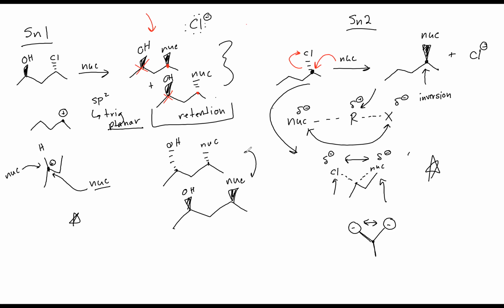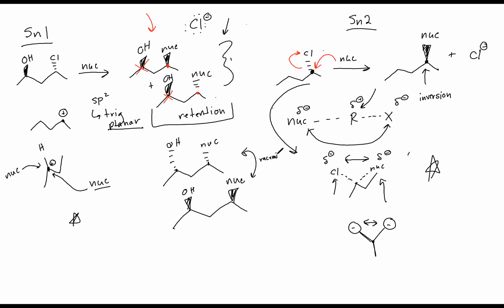When we have an equal amount of each of these enantiomers in a mixture, we'll call that a racemic mixture. However, up here, if we have equal amounts of each diastereomer, we can't exactly call that a racemic mixture because a racemic mixture deals with enantiomers and not diastereomers. Okay? Does that make sense?